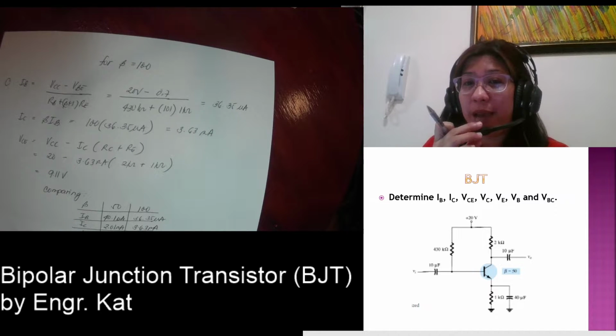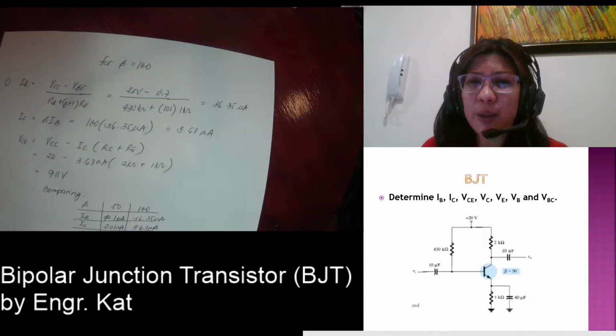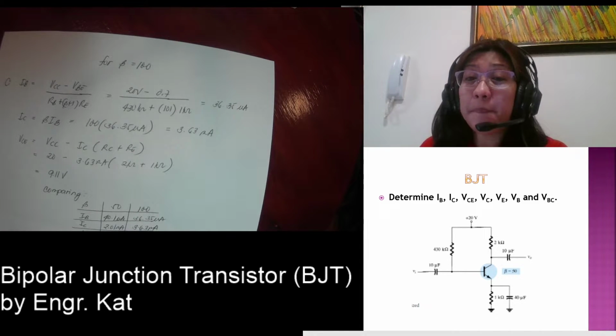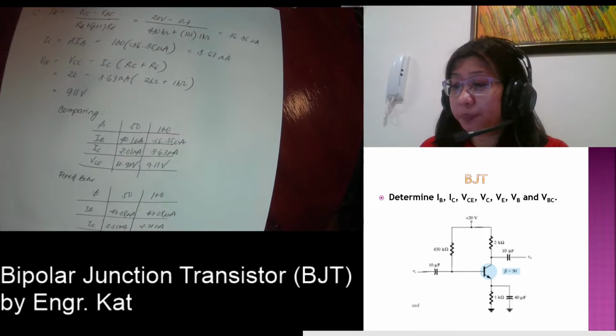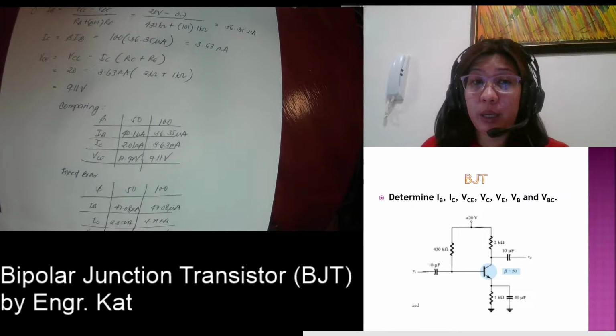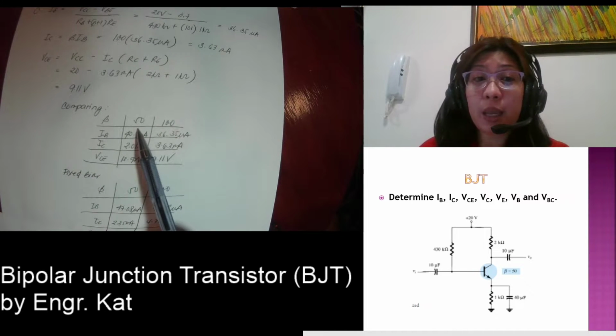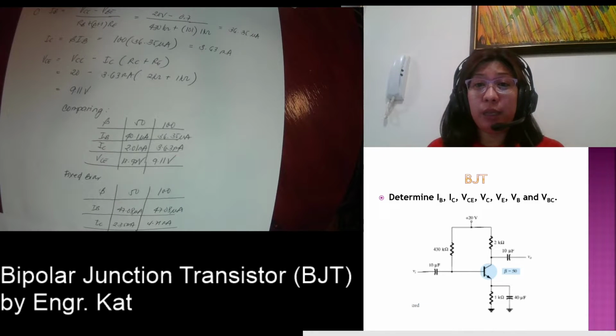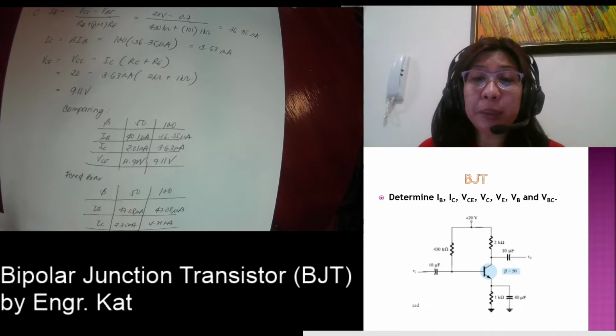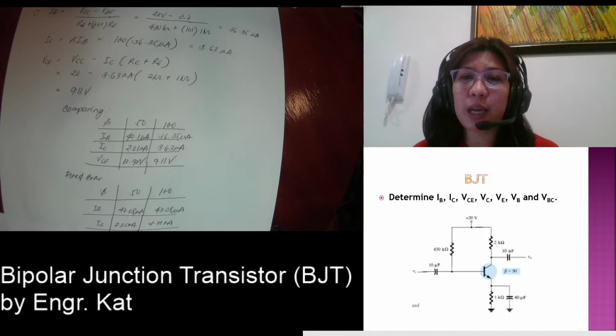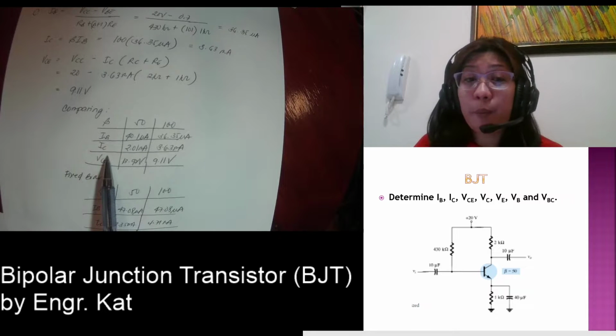Okay, let's compare. There is still a change. We didn't say that it will not change, but look at the change that occurred. When comparing the two, beta equal to 50 and beta equal to 100, we have a change, but not as abrupt as with the fixed bias configuration. In the fixed bias configuration, you remember what happened to IC when the beta doubled.